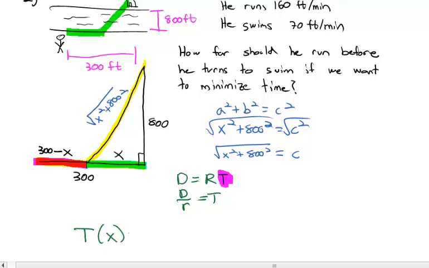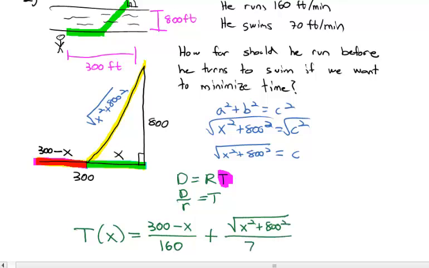So the time of x function is the distance. The first distance he runs is 300 minus x, divided by the rate, he's running along the stream, 160 feet per minute. In addition to that, he's going to swim a distance of the square root of x squared plus 800 squared, divided by the rate there, which is 70.